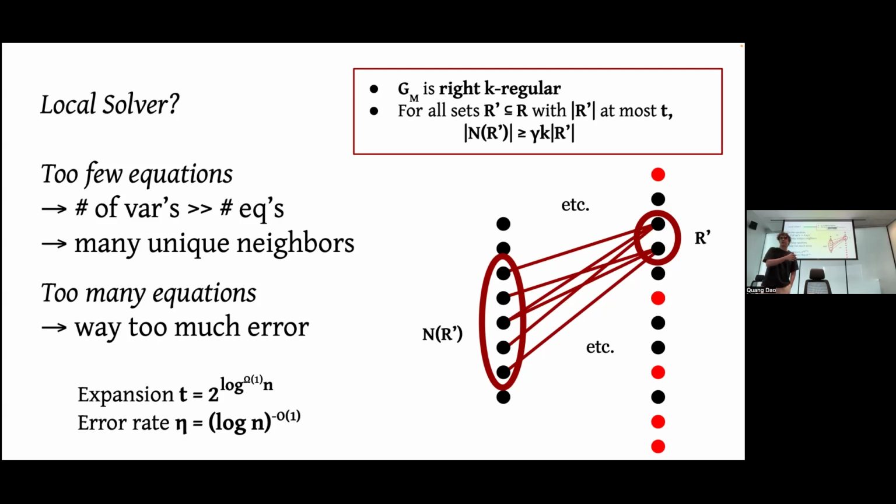So we get an underdetermined linear system. And in fact, we'll have many unique variables that only appear in one equation, which just means that we're totally screwed. But on the other hand, if we look at too many equations, in fact, more than t, which means that it might be possible to get more equations than variables, then we'll pick up a massive amount of error.